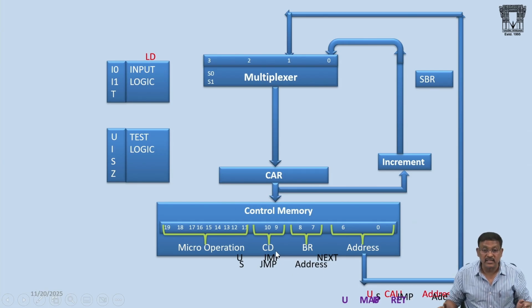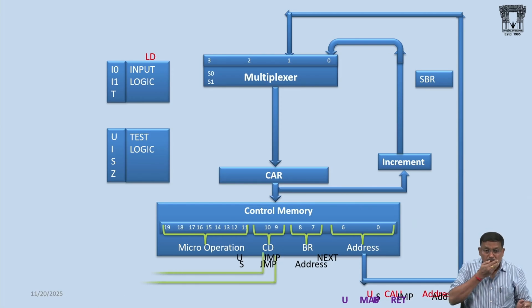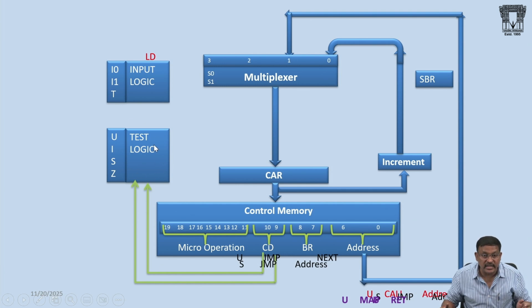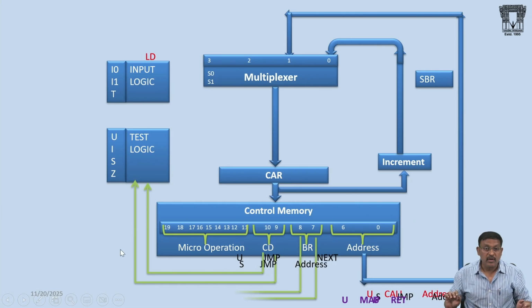But in our case, the next instruction we fetched, that is, if the sign bit is true, that is, if the sign is positive, then jump to this address. I will move to the next one. Look at this. Now the condition bits, jump bits are loaded into the test logic. Verify the test logic. Is the condition, if the sign is positive or negative? Check it out.